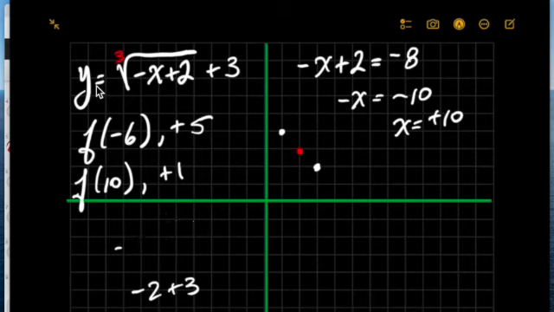Okay, let's go ahead and graph these points. We're going to have 10, 1. And we're going to have negative 6, 5.